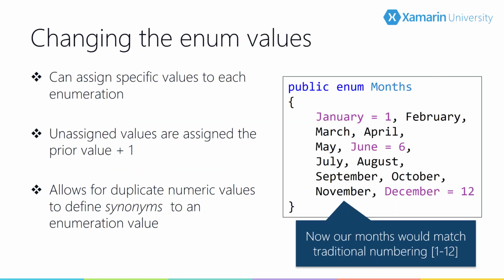If you want to, you are able to assign these enumerations other values. And the formula basically says whatever the value of the previous one is, just go up by 1. So if I gave January the number 1, then February is now 2, and December will end on 12. It just takes the prior value and adds 1.